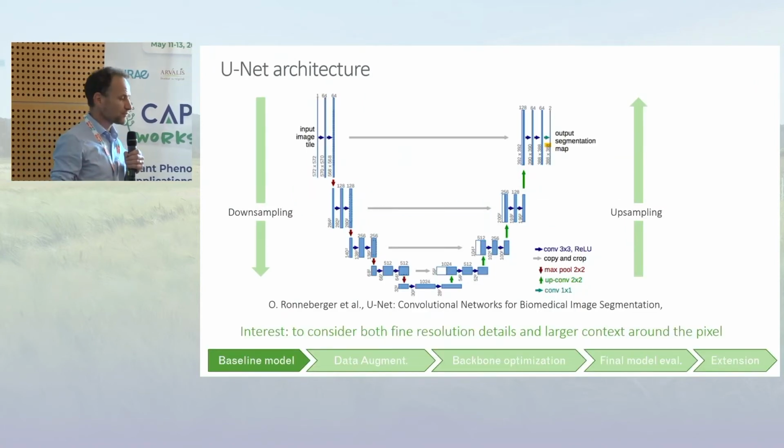First, as mentioned earlier this afternoon, we will not design a new architecture. We will use a commonly used architecture, the UNet architecture, which has the interest of considering both fine resolution and also larger context around the pixel. So it's quite commonly used for segmentation tasks.